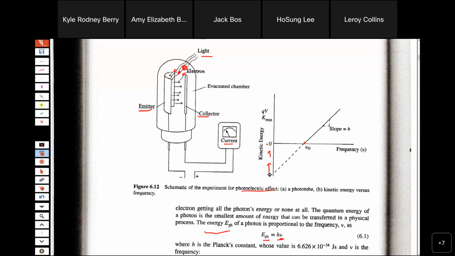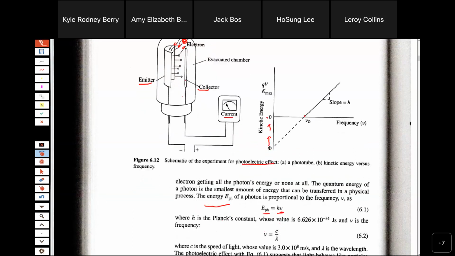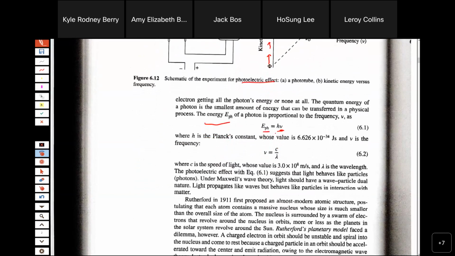So a certain amount of energy excites the electron, and it becomes free from the atoms. This is the discovery for which Einstein received the Nobel Prize.